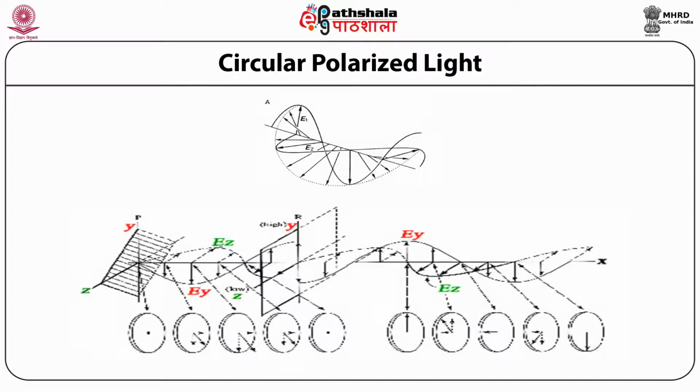We discuss how circularly polarized light is generated. You can see that in the electromagnetic radiation, one component starts with half of the amplitude of the second component, and that's what gives the circularly polarized light. Depending upon the location of the lens, we can decide whether it is left circularly polarized light or right circularly polarized light.